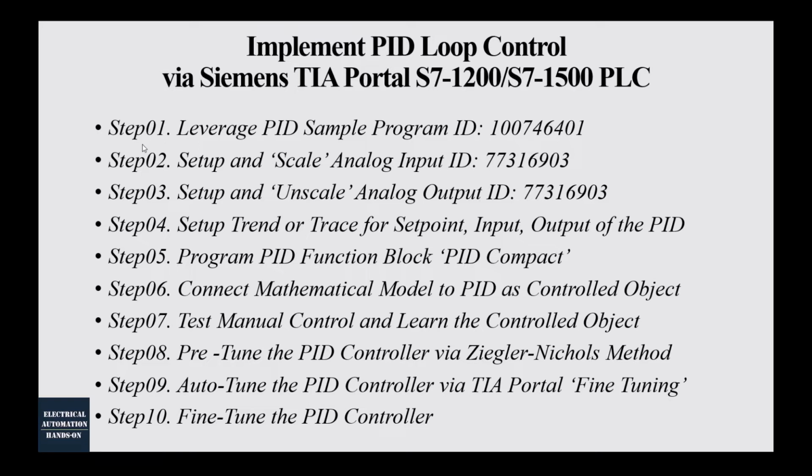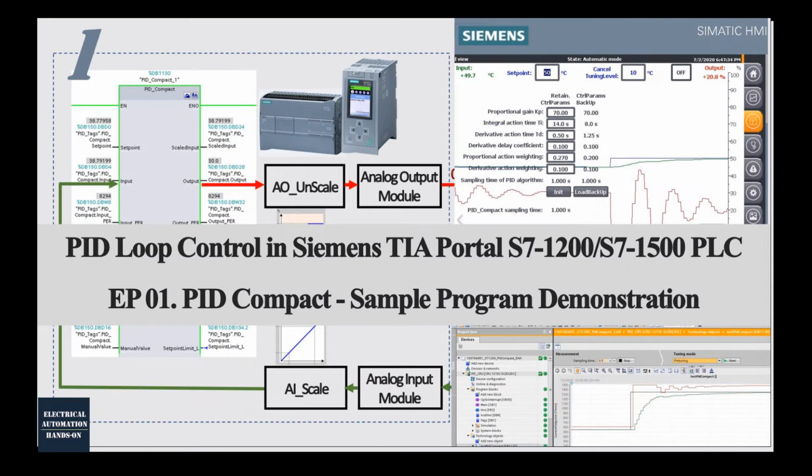In the following videos, I will introduce step by step how we can set up the PID controller, and how we can set up the scaling and unscaling of the analog input and analog output. But to help you quickly build up the concept and understand how a PID loop works, I will leverage this sample program's HMI project, because that HMI already has the I/O fields built to set up the PID parameters: gain, integral, and derivative, so we can have an overall picture of how that control loop works.